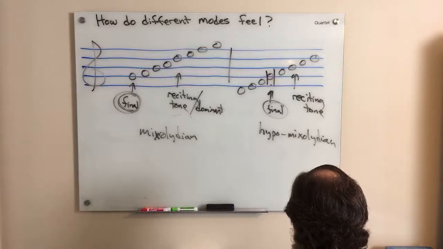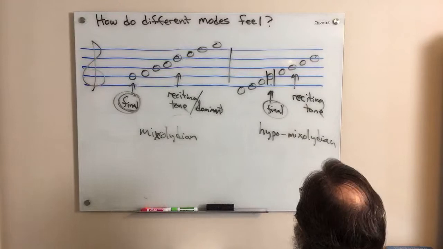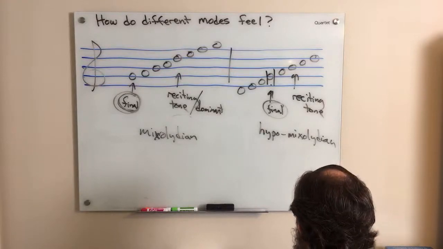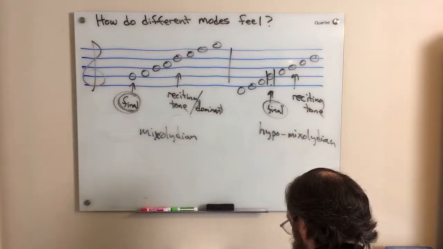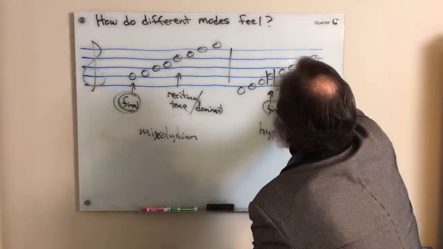Hypomixolydian might sound like this. Right? So I don't go above the D here, but I do go down to the D, and work my way back up to the G, and I put a little extra emphasis on the B here.